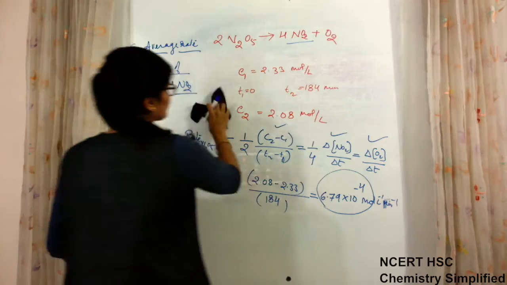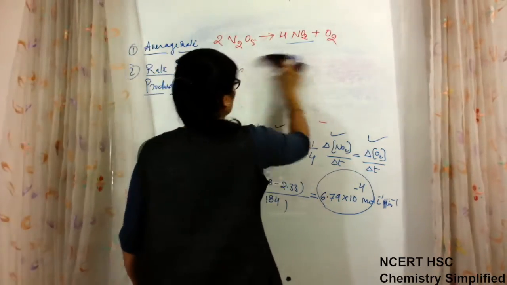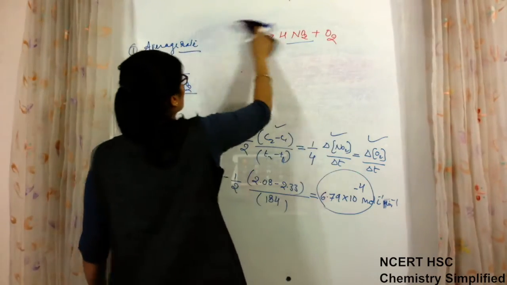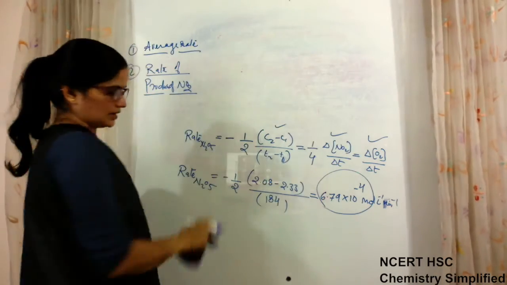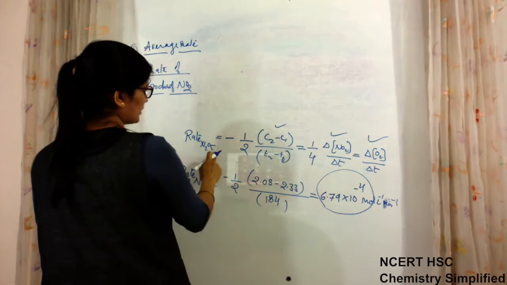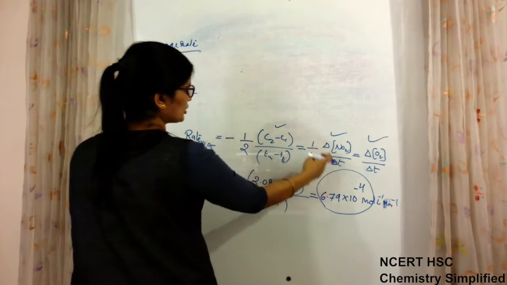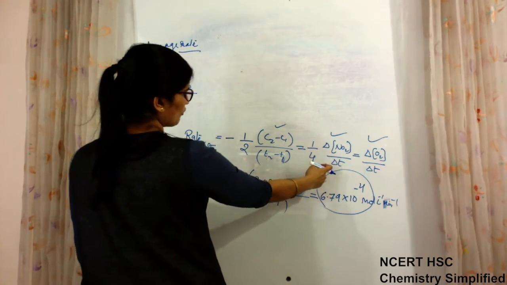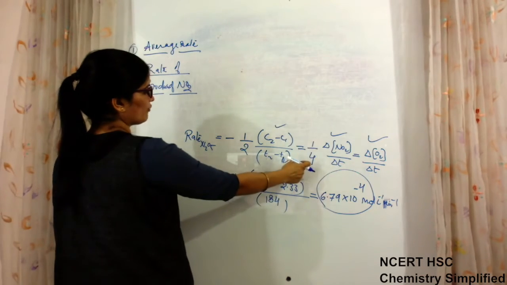Now what we will do? We know that the rate of disappearance of N2O5 is equal to the rate of appearance of NO2, and the 1 by 4 factor is there.